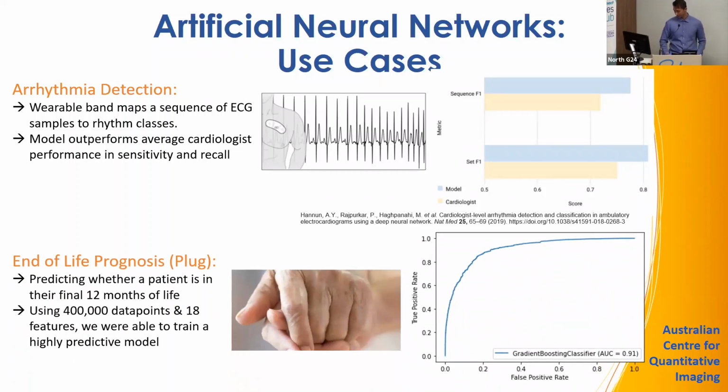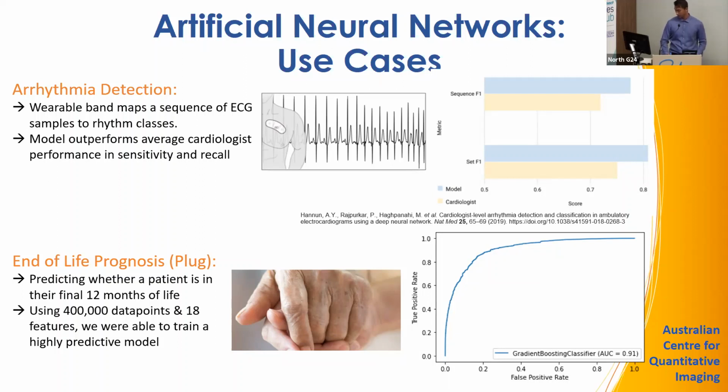Furthermore, this is a bit of a plug: Jake, Nathaniel, and myself participated in a hackathon recently, and we were tasked to develop an end-of-life prognosis model. We were assigned 400,000 data points, and we developed 18 highly curated features in order to predict with quite high certainty the likelihood of a patient, whether they should be recommended for palliative care or not, for the last 12 months of their life.